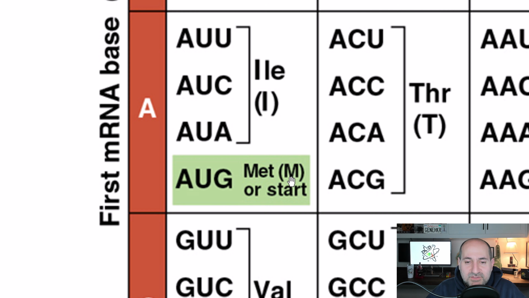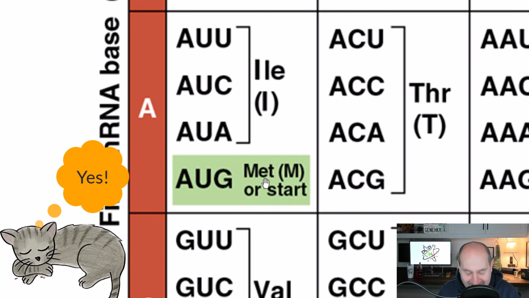So if this is true, let me ask you something. Doesn't that mean that every protein will start with methionine? Can you beat Wicket? That's right. Exactly, Wicket. Yes, every protein would start with methionine.